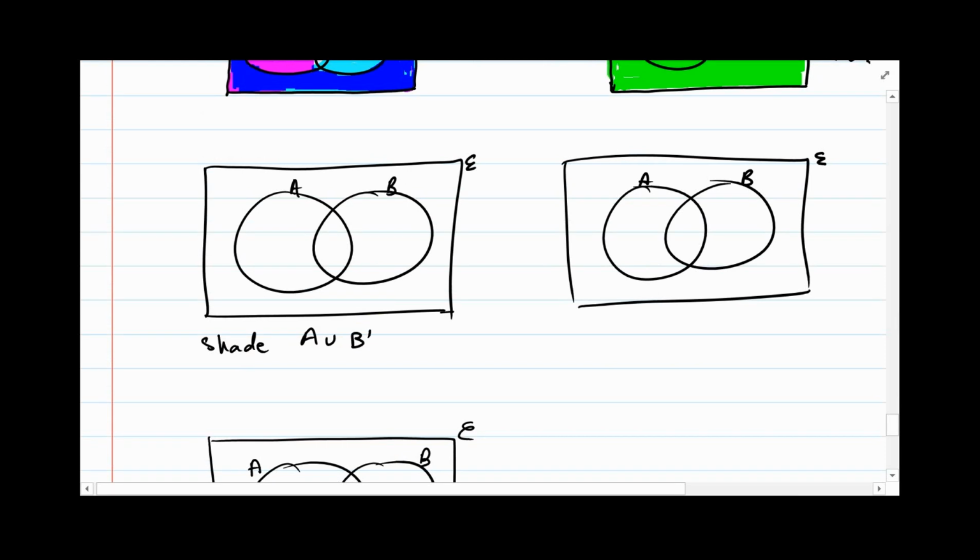Prior to this, we had looked at naming the regions as I'm in A and I'm in B, or I'm in A and not in B. Now we're examining more of the union. And remember the union is a joining of the two sets. So if I had asked you to shade this region, think about it, what would you come up with?